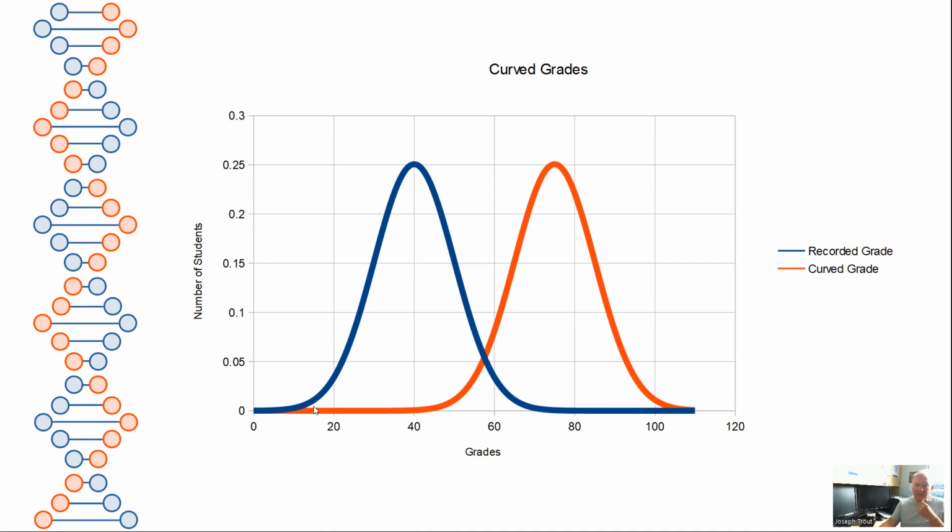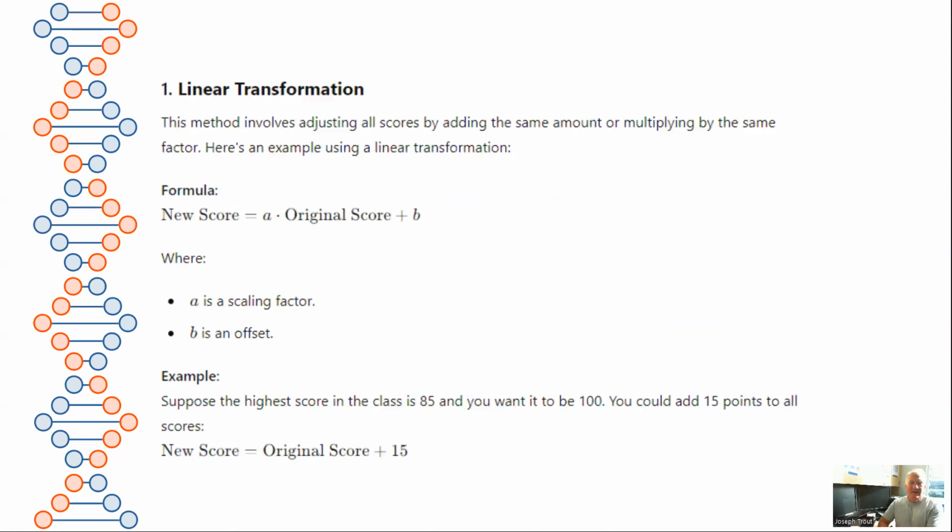So we would like to keep the same standard deviation, but move this curve to the right to adjust for how difficult the test was. There are a couple of ways to do this. To be honest, probably the easiest way is called the linear transformation. This method just involves adjusting all the test scores by adding the same amount or multiplying by the same factor.